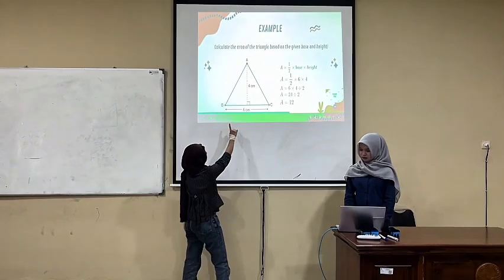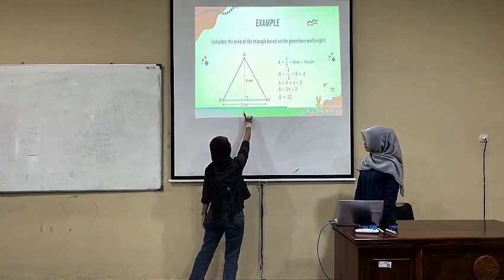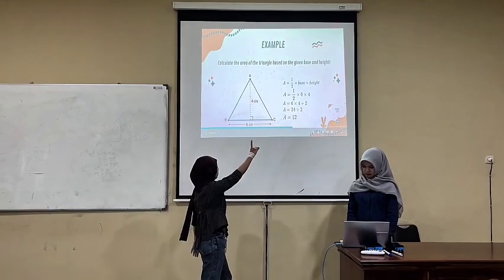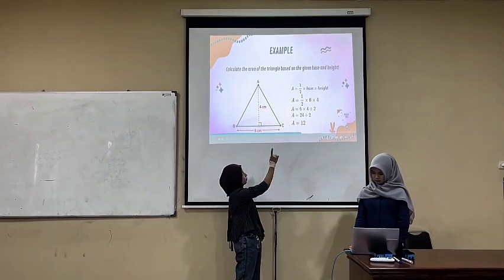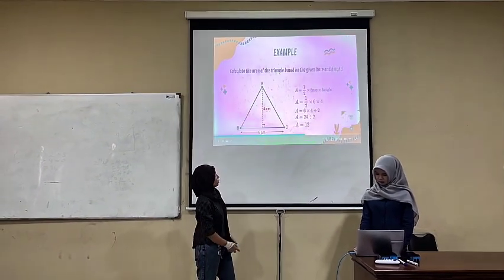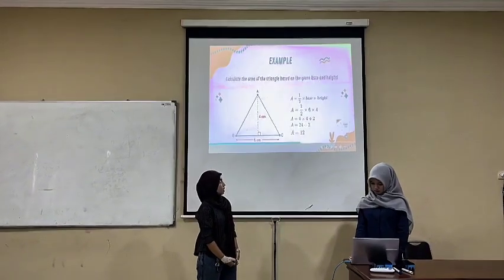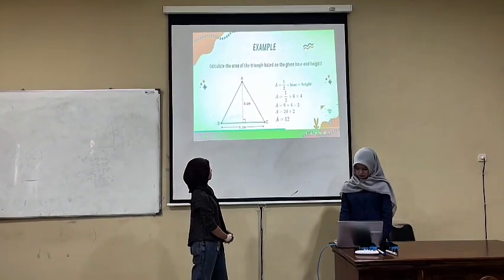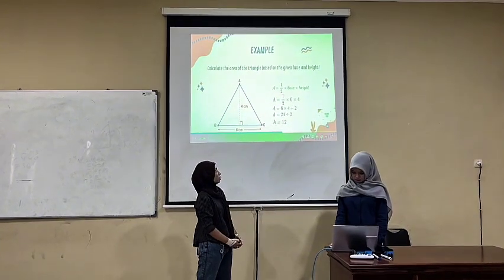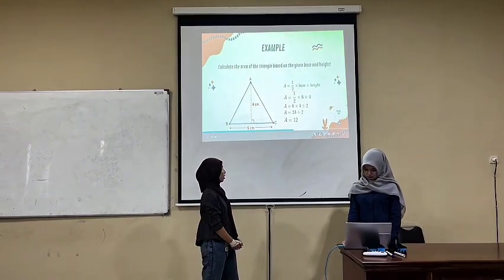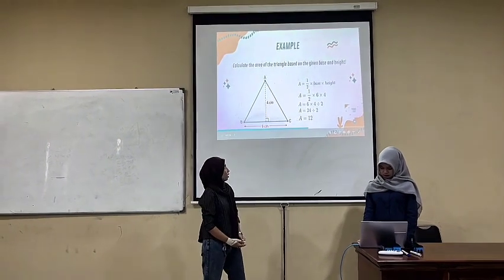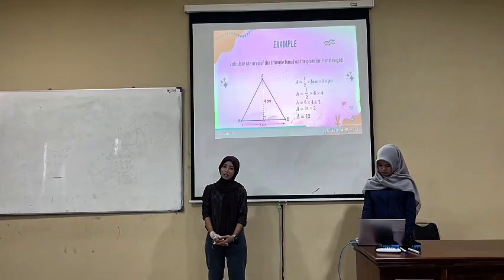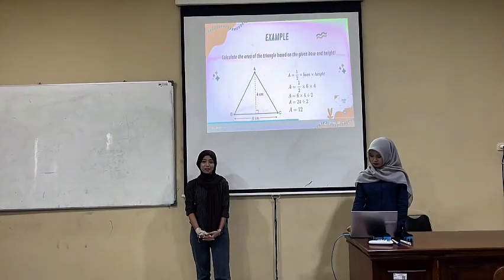Base is 6 cm and height is 4 cm. Substituting, 6 times 4 is 24. 24 divided by 2 is 12. So the area is 12 square centimeters.